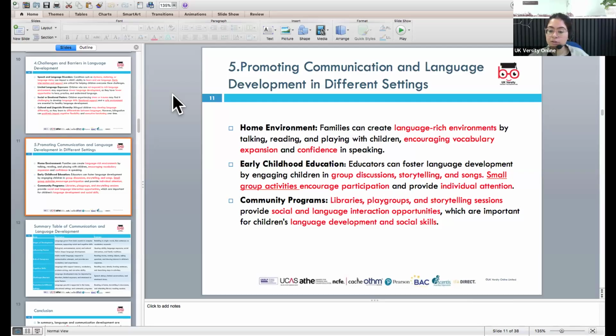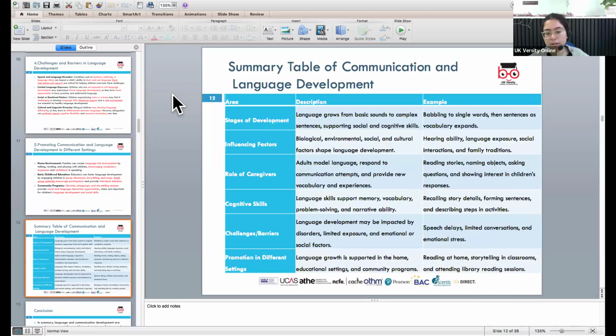This can encourage participation and also provide individual attention. That's why small group activities are very much encouraged. Then community programs, libraries, playgroups, and storytelling sessions provide social and language interaction opportunities, which are important for children's language development and social skills.